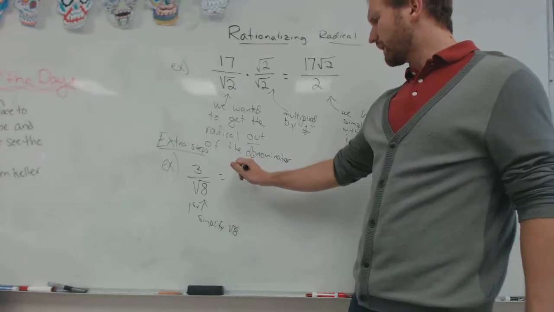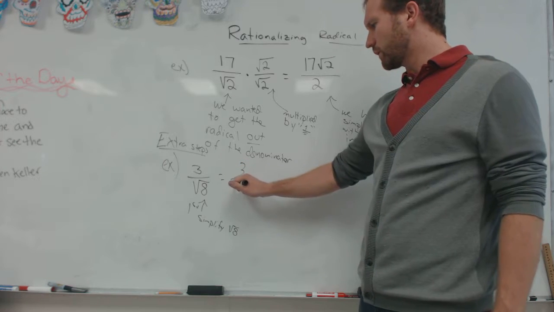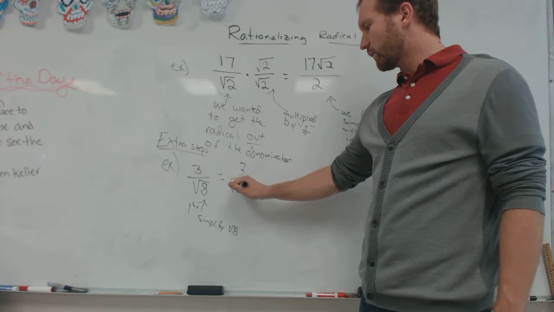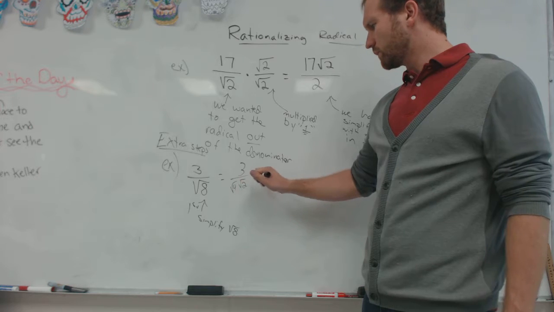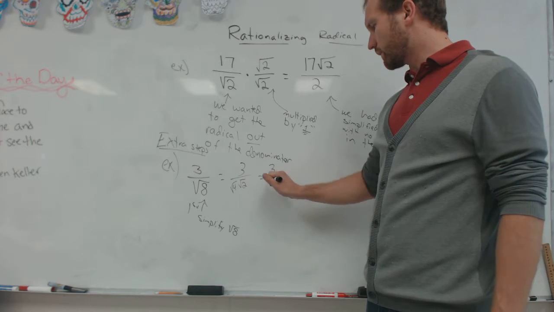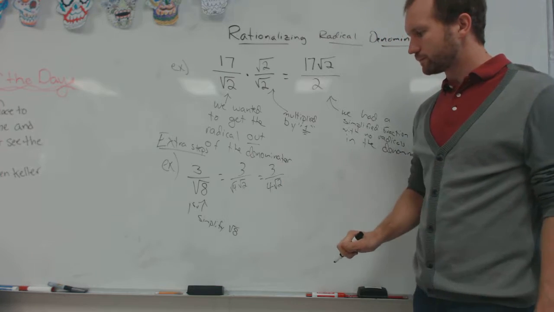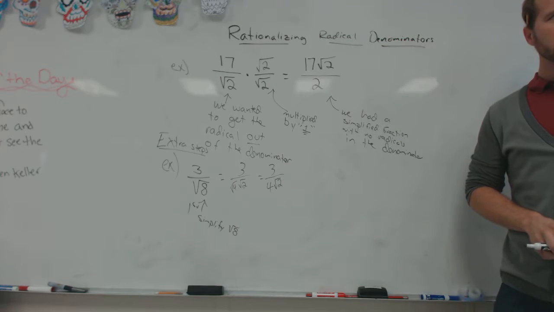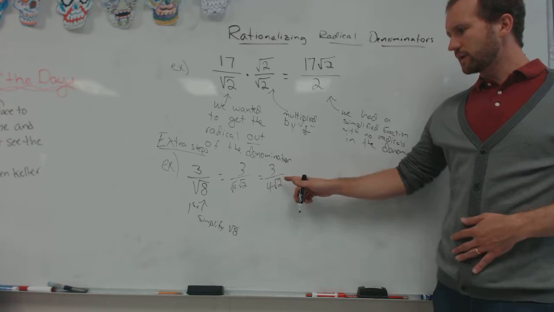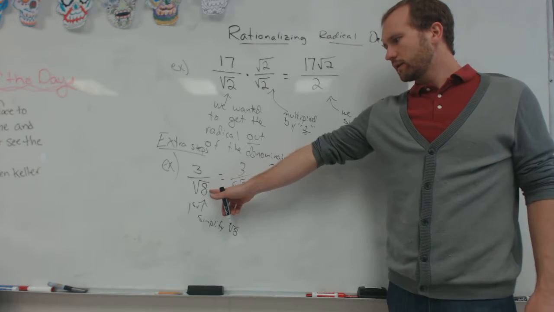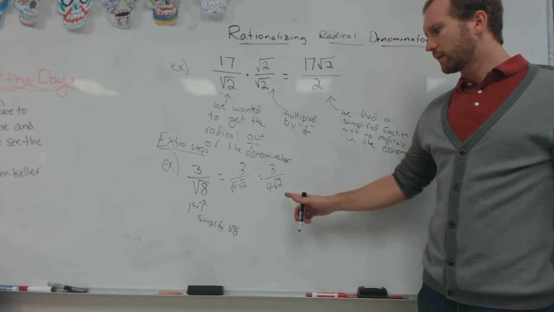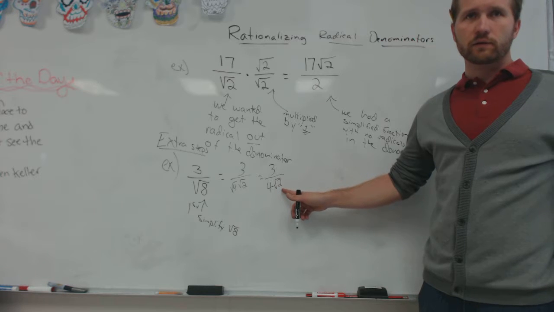In that case we would have 3 over square root of 4 times the square root of 2, which is 3 over 4 square roots of 2. And that'll make it a little easier. Now, instead of multiplying by the square root of 8, we can just multiply by the square root of 2.